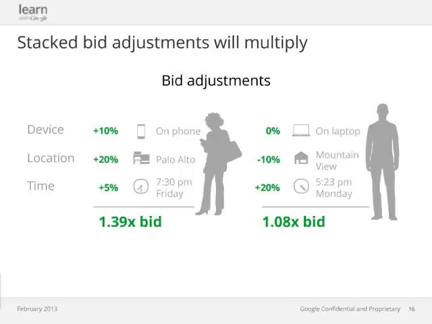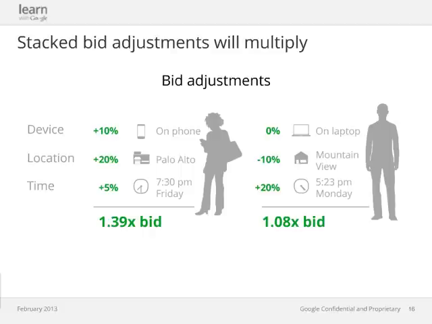You can specify, I want to bid for a mobile user, and I want to pay 10% more for this. I think people in Palo Alto have a higher propensity to buy from my store, so I'm going to bid 20% more for that. And then I think 7:30 p.m. on Friday is where I see a lot of traffic because everyone really wants to start recovering from the work week.